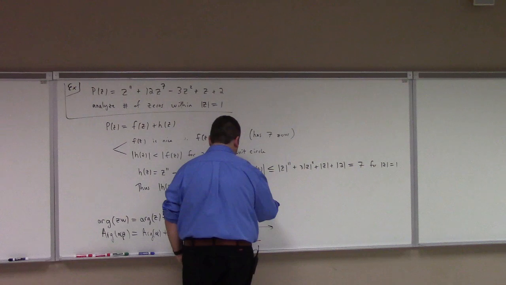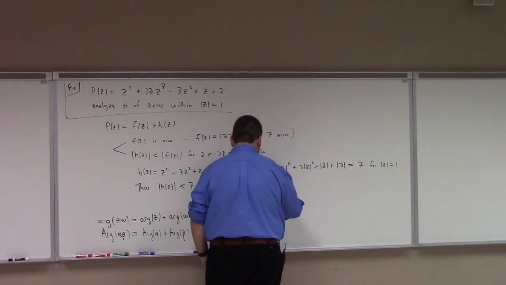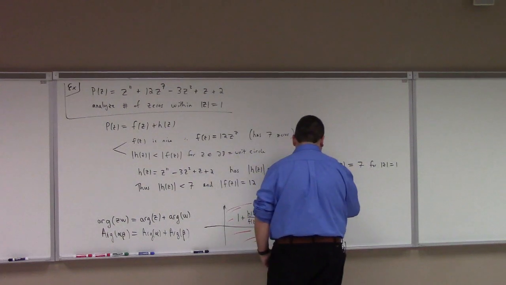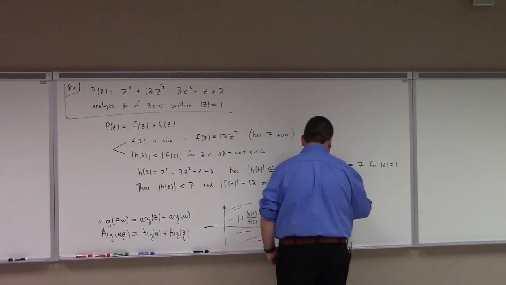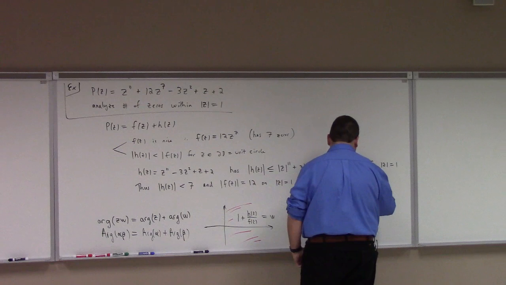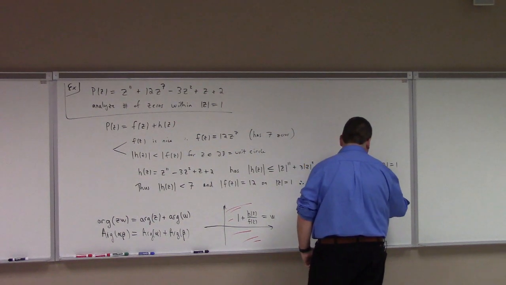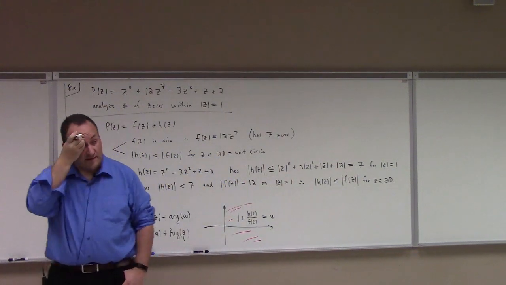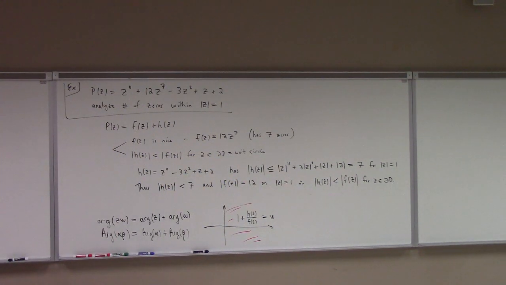It's equal to 12 on the modulus of z equals 1. So therefore, the modulus of h of z is less than the modulus of f of z for z on the boundary of D. Hence, by Rouche's theorem, this 11th order polynomial has exactly 7 zeros in the unit circle.